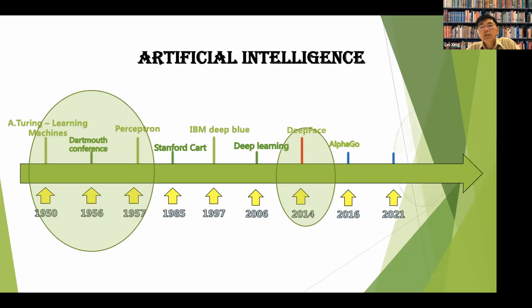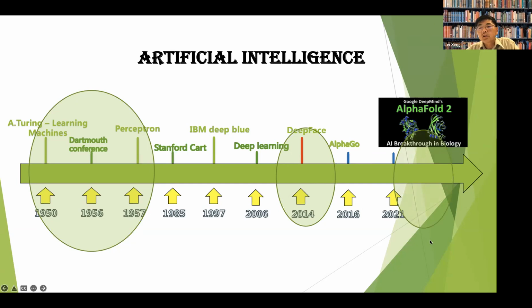And I'm sure since then, almost every year there's something big about AI, AlphaGo, AlphaGo Zero, and this year, last year, this is what happened, right? This is AlphaFold 2.